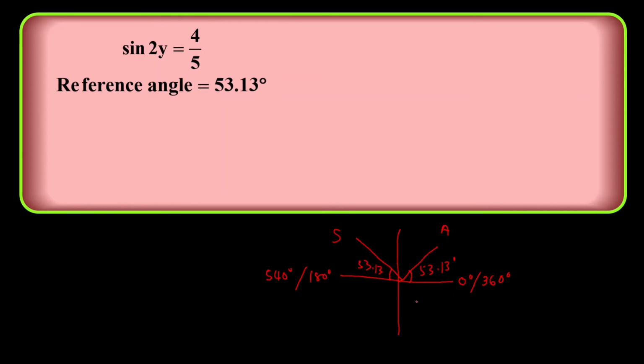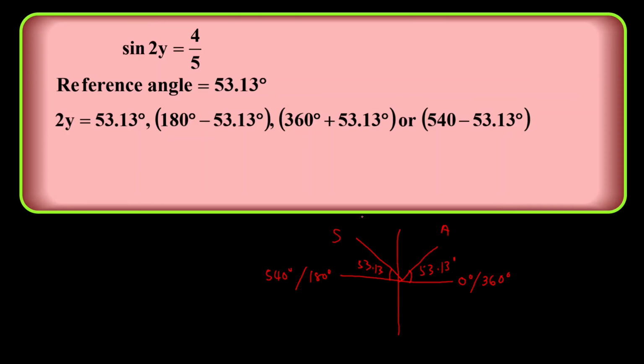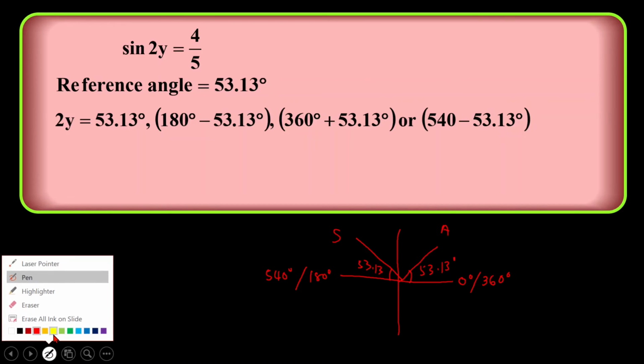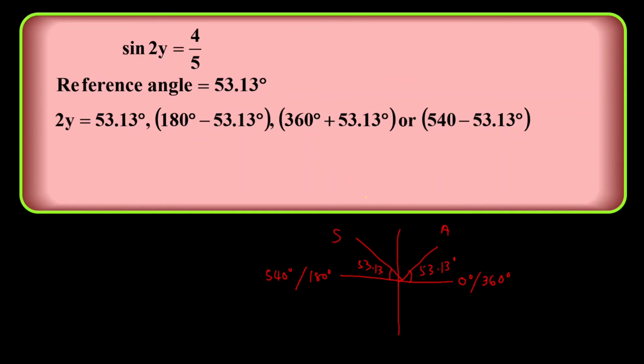Okay, so I'm going to check them one by one. But I'm not going to write first quadrant, second quadrant, and so on like I wrote just now, because I want to show you there's another way of writing the answer, which saves a lot of time. So in my first quadrant, that will be 53.13 degrees. For the second quadrant, from 180 degrees, I will have 180 degrees minus 53.13 degrees.